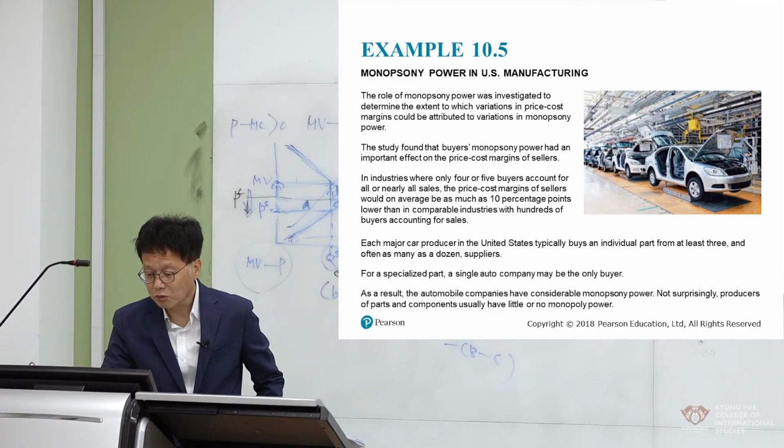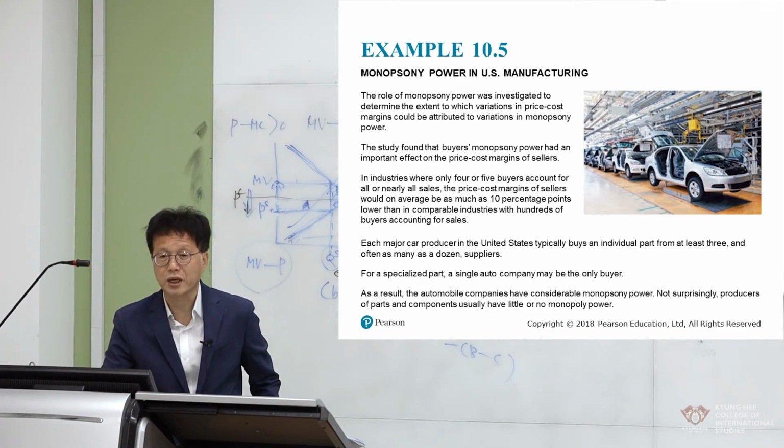As a result, automobile companies have considerable monopsony power. Not surprisingly, producers of parts and components usually have little or no monopoly power at all. Same thing happened even in Korea, right? So Hyundai Motors purchases large quantities of parts and components at a price lower than marginal value. So Hyundai Motors is in a monopsonist position.